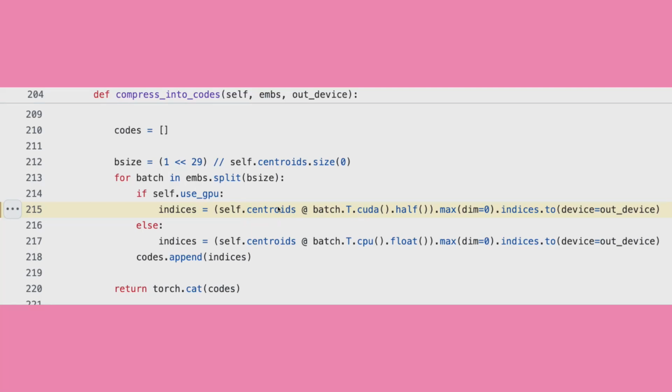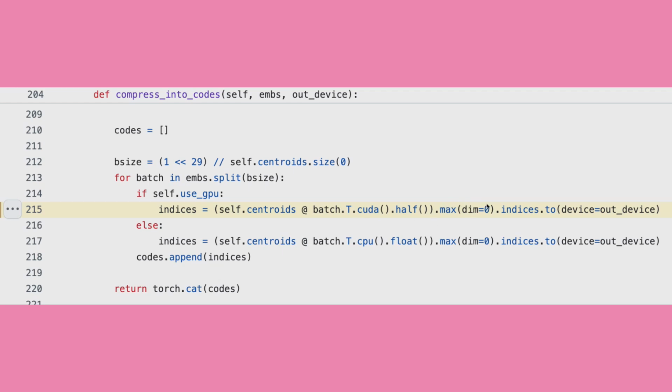Centroids in my example are 1024 by 96. Batch transposed is going to be 96 by 15,198, which is the number of token embeddings in my document collection. So my result is going to be a 1024 by 15,198 matrix.